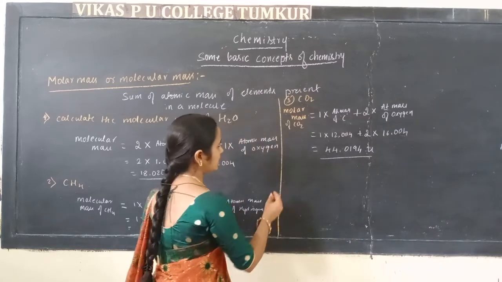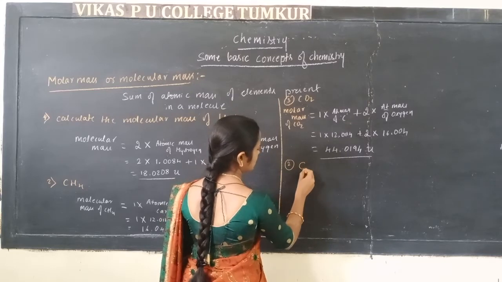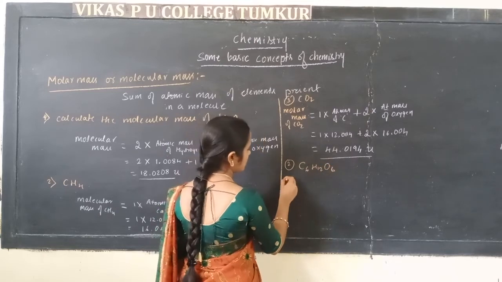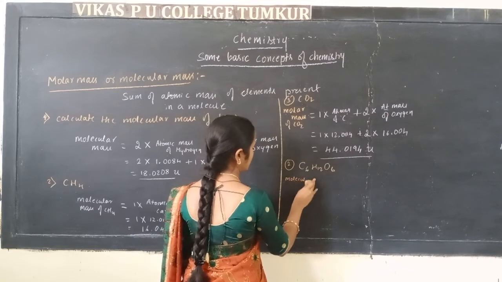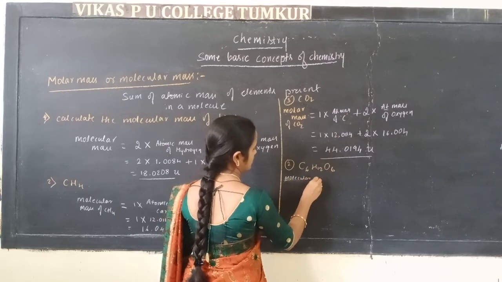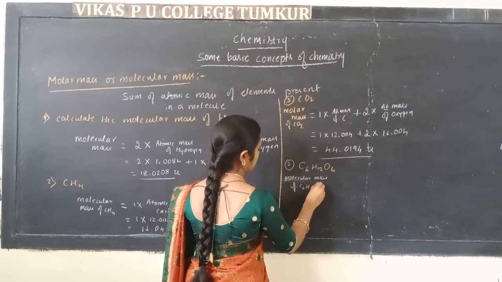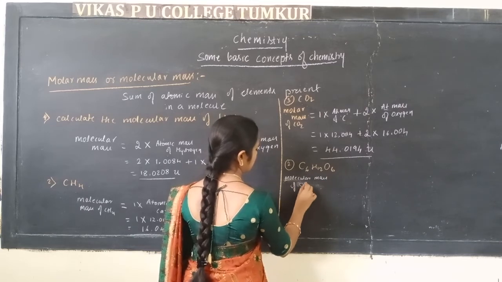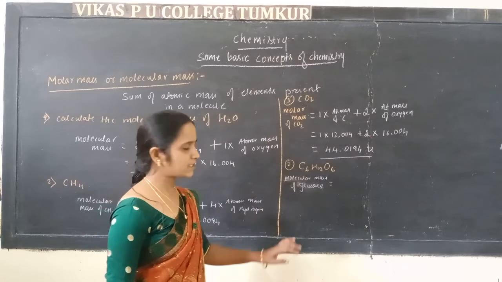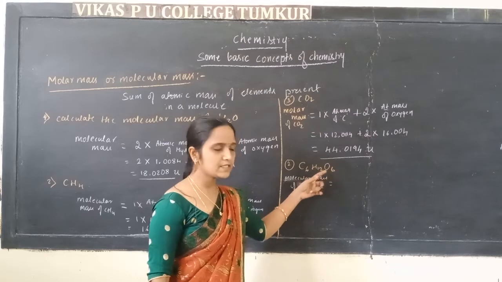We will calculate the molecular mass of glucose, C6H12O6. How many types of elements are present? 3 types of elements are present here: one is carbon, another is hydrogen, another is oxygen.